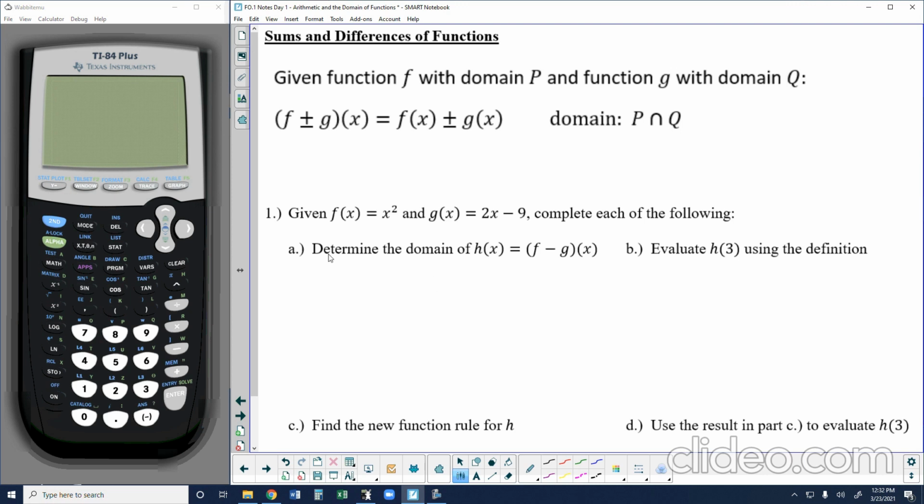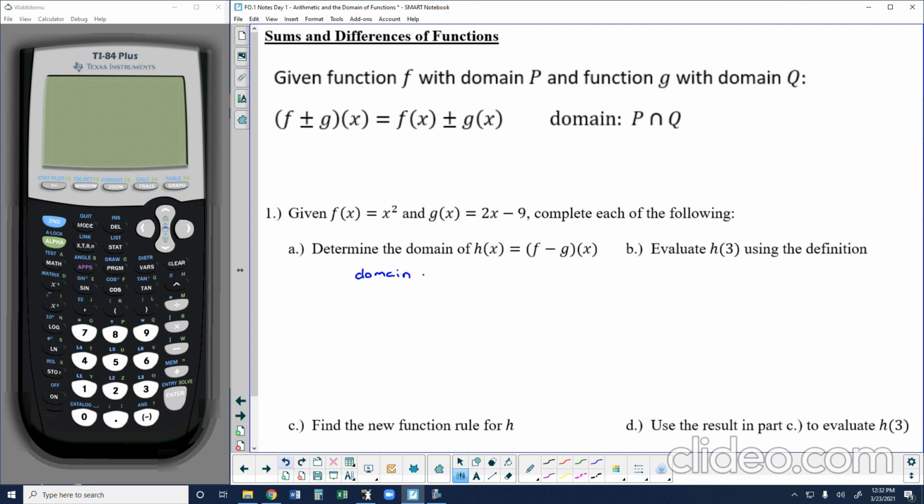the first thing that we want to do is determine the domain of h of x, if h of x is the result of f and g subtracted and then evaluated at x. In order to do that, we basically want to take a look at the domain of the individual pieces. So the domain of f, in this case f is x squared.